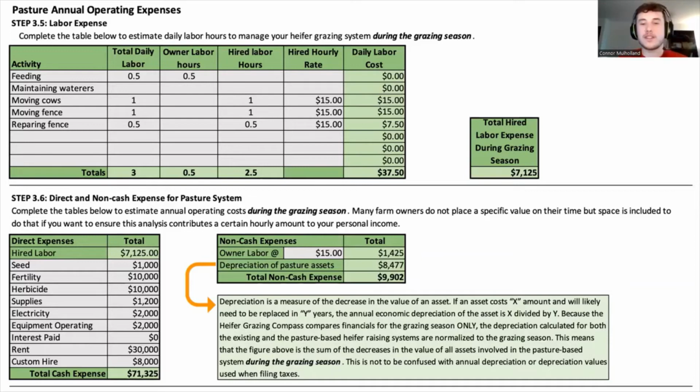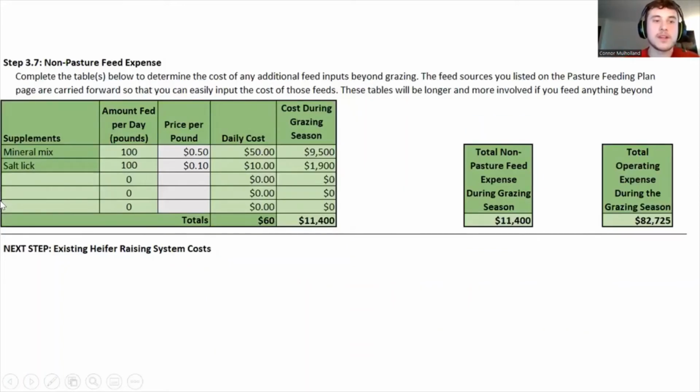This isn't really included in the direct comparison of cash expense, but it is good to have that in mind, basically to see how much time and how much money per se the owner would be putting towards a grazing system. And then we have the labor, the establishment, any kind of extra expense, and any kind of feed that would not be from pasture. So if you chose to have supplemental feed, this would pop up as well.